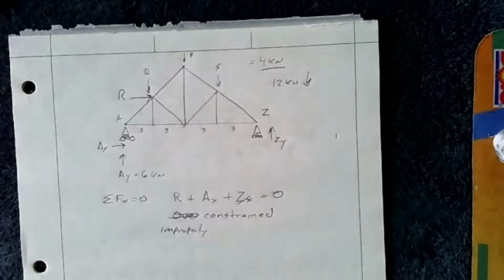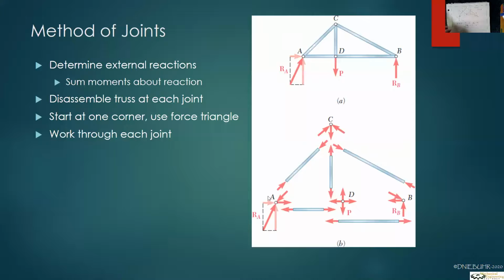Back to this. All right. So again, when we work our truss, we're going to find these reactions, and then we're going to essentially work our way through. One of the things we'll notice is that in this corner here, since we're dealing with triangles, this corner forms a force triangle.